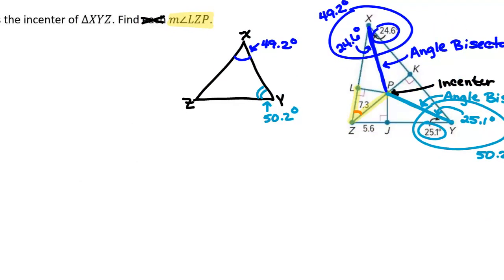What can I do to find this third angle here? Three angles of a triangle add to 180. So what can I do?